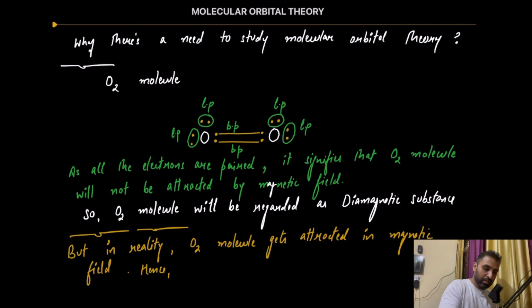Hence O2 is a paramagnetic substance in reality.